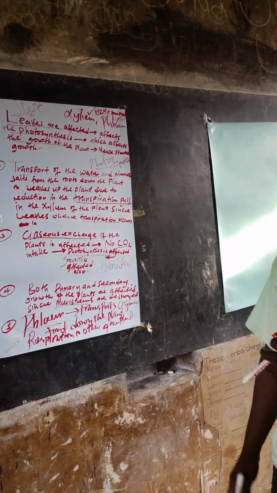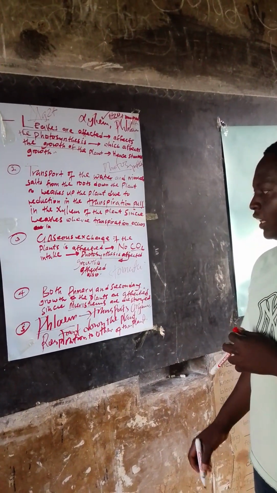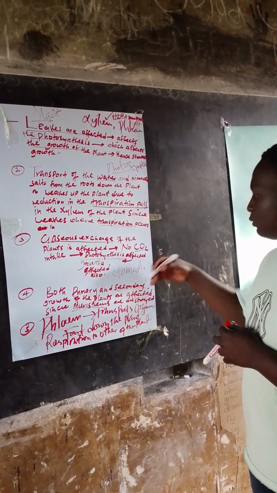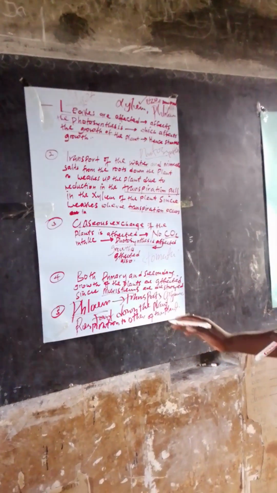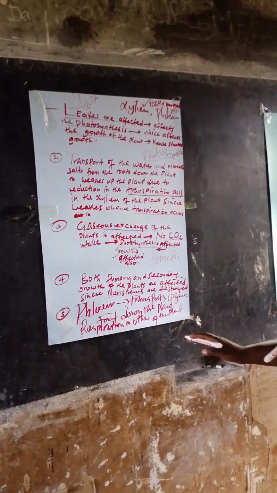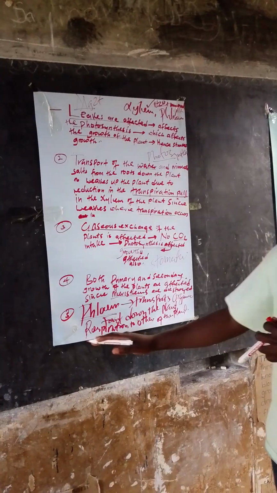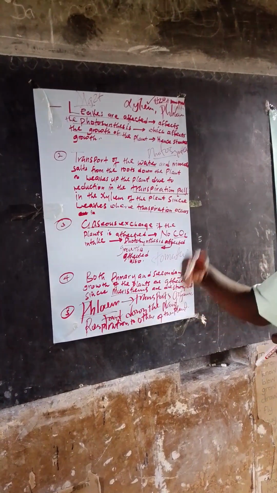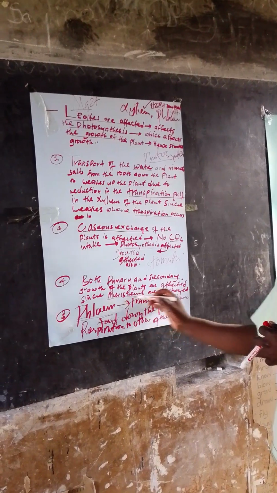And we need food for the plant to grow, because this food which has been manufactured is going to go into respiration. The purpose of respiration is to provide ATP or energy, which helps in the cell division of the meristems.